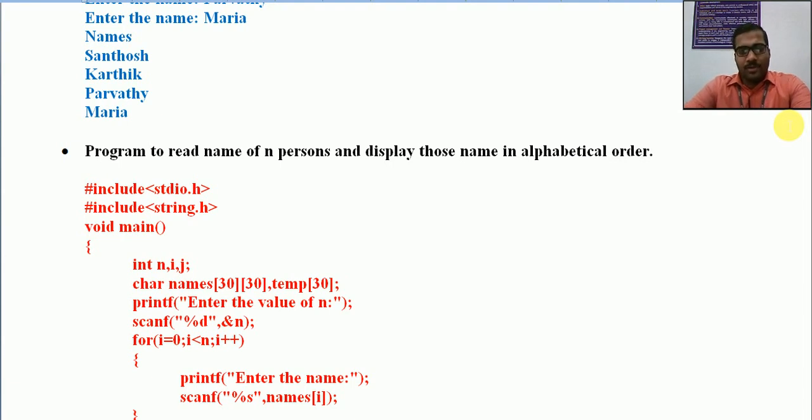Now it is like sorting of an integer array. Sorting of an integer array will be in ascending order of integer values. Now this is like sorting of names, string sorting. We can call it string sorting in ascending order or descending order, whatever it be.